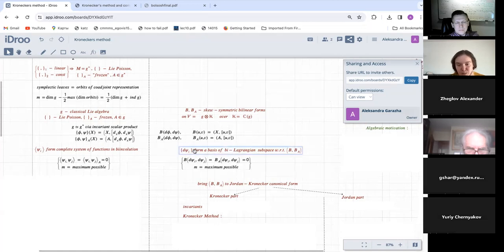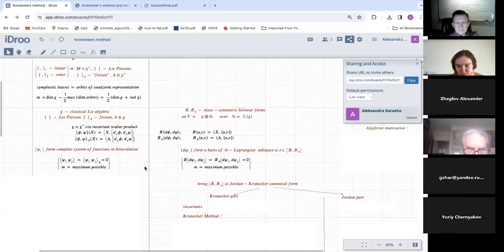And then when we obtain these differentials, we want somehow to integrate them, and we will complete and we will obtain a complete system of functions in bi-involution.